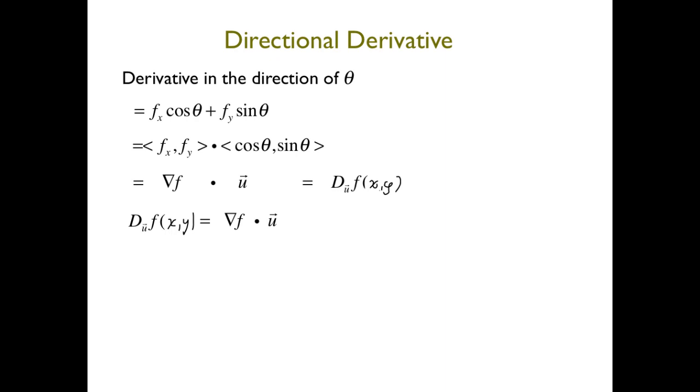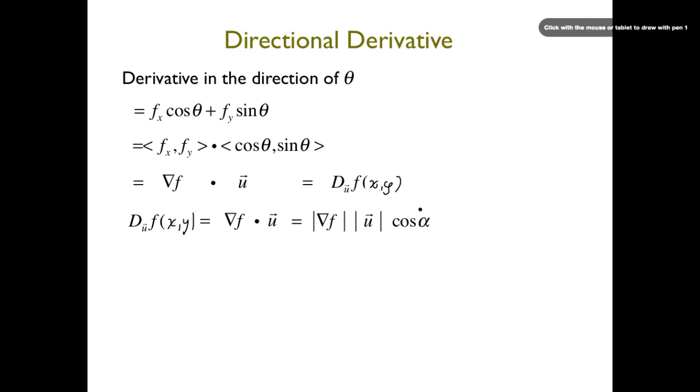Theta is our standard trig angle swept counterclockwise from 3 o'clock. Now we want to call it something different because this is the angle between whatever the gradient is and our unit vector. Make sense? We don't want to call it theta because theta is the direction we want to find the rate of change in.